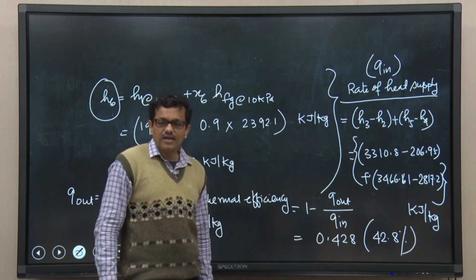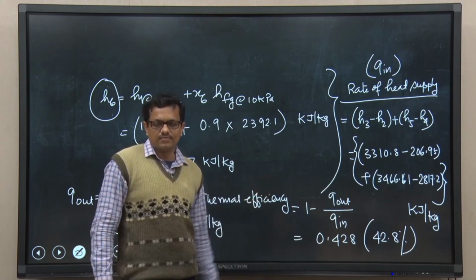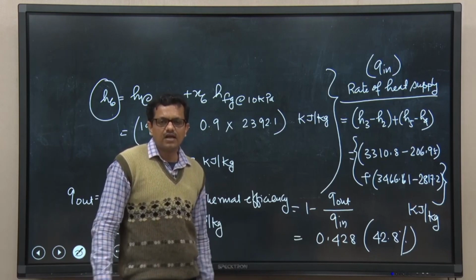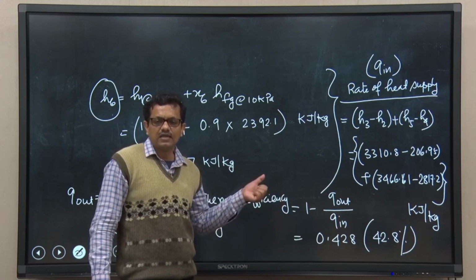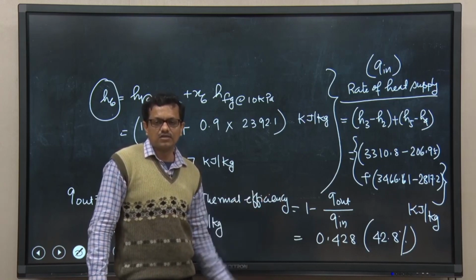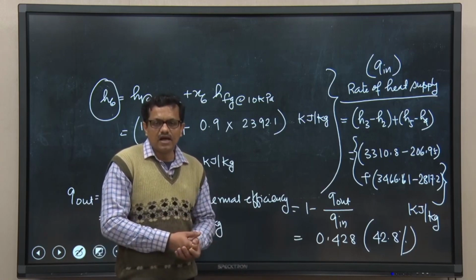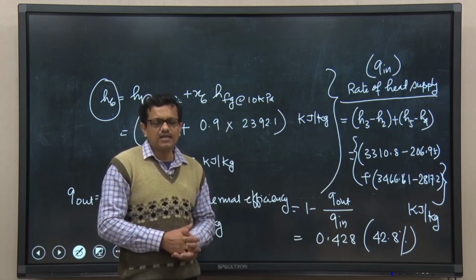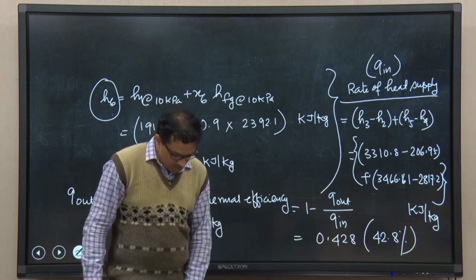The second point is that a part of the energy added to the system in the form of heat is converted to useful work. The remaining energy is lost from the system to the surroundings. We need to do this, otherwise we will not be able to run the system in a cyclic manner, and that is the restriction imposed by the second law of thermodynamics.